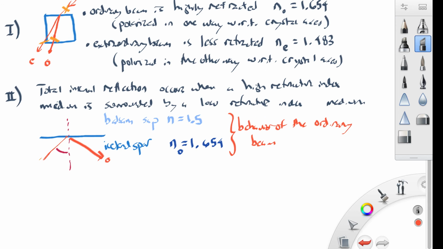Now, what if instead of using just this ordinary beam on the surface, here's the ordinary beam in orange, let's suppose that we had both beams, the ordinary and the extraordinary beam. So I'm going to draw the extraordinary beam in yellow, like this.